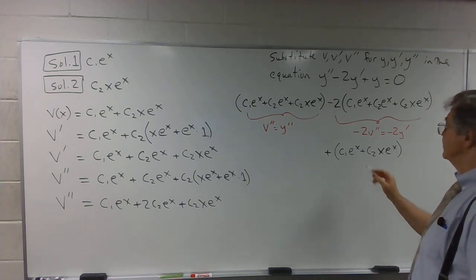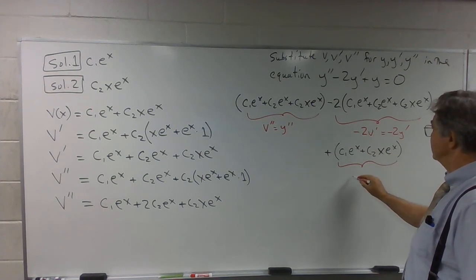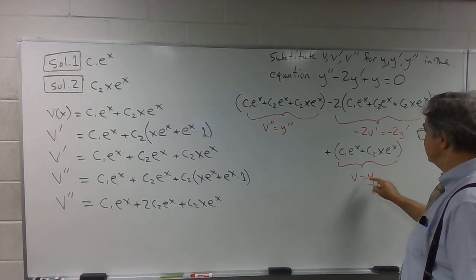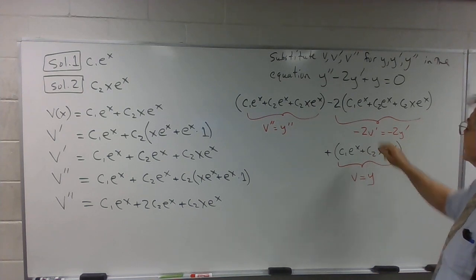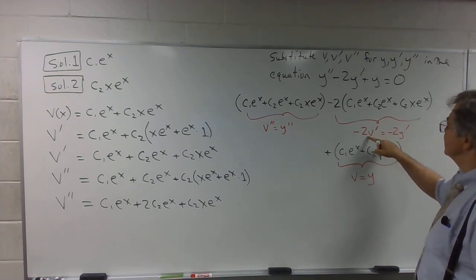So this is our V equals Y. And up here, please correct this. I wrote 2V double prime here. It should just be negative 2V prime.